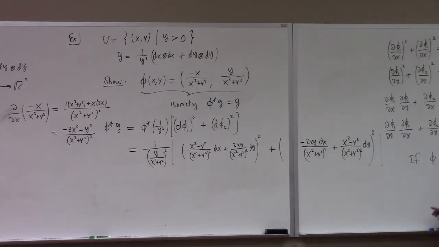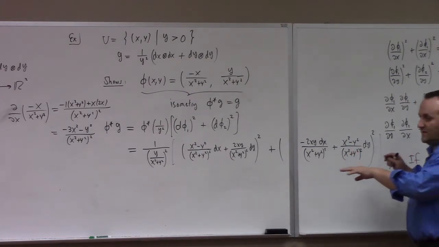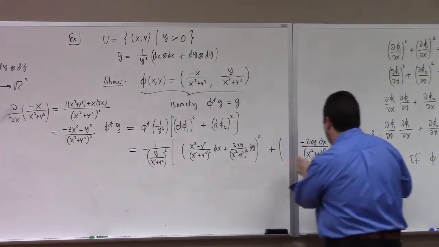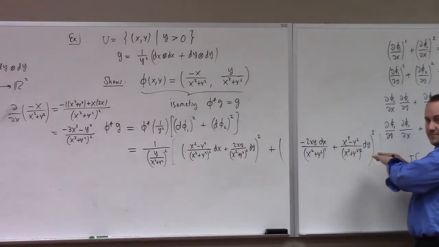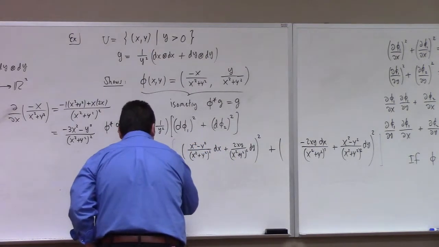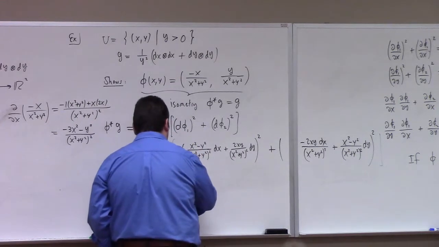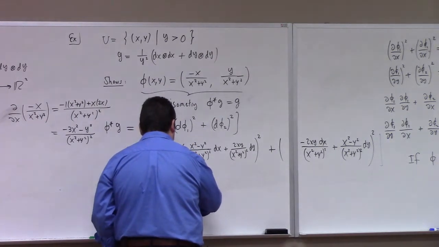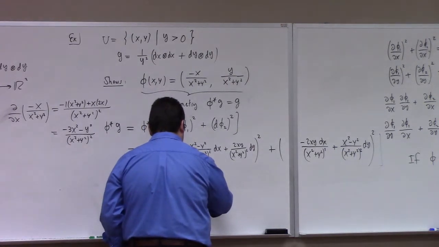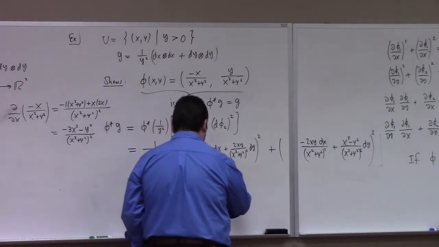Now you can kind of see what's going on here. Do you see what's happening with the denominators? You've got an x squared plus y squared squared here, here, here, here and here in the reciprocal sense, so those just cancel. And then you've got 1 over y squared, and you're going to get an x squared minus y squared squared dx tensor dx, plus other stuff.